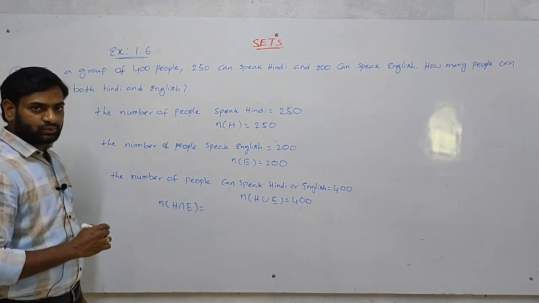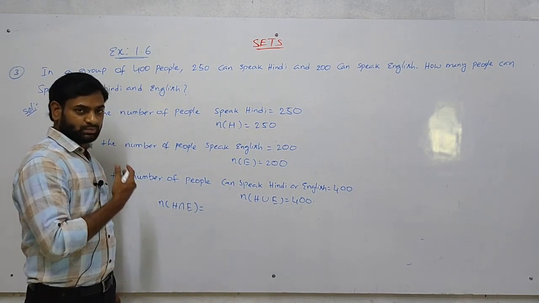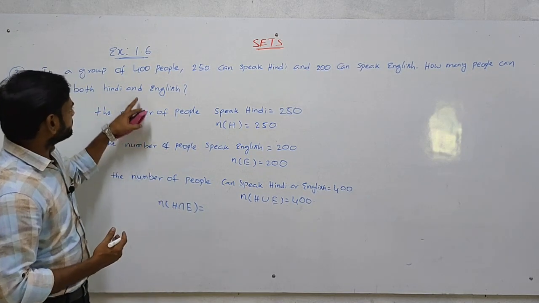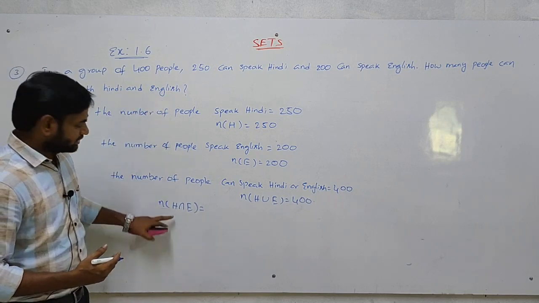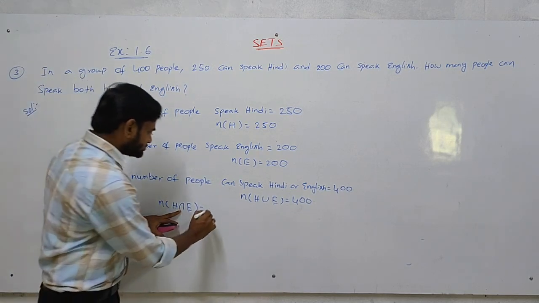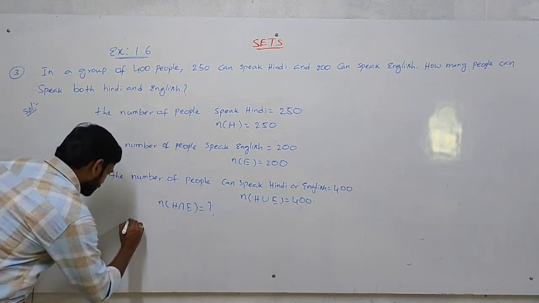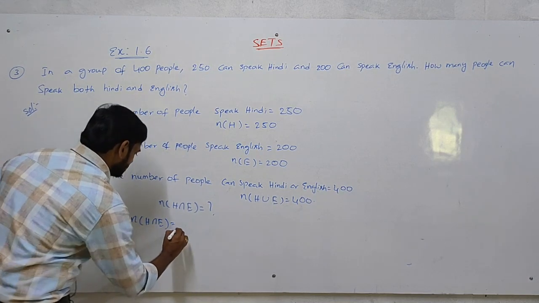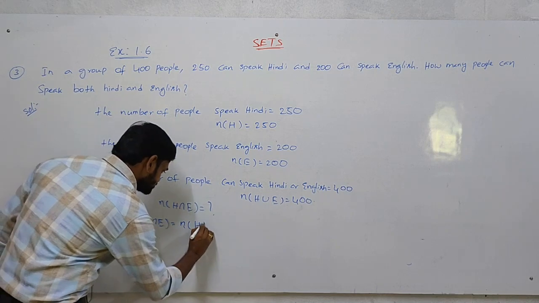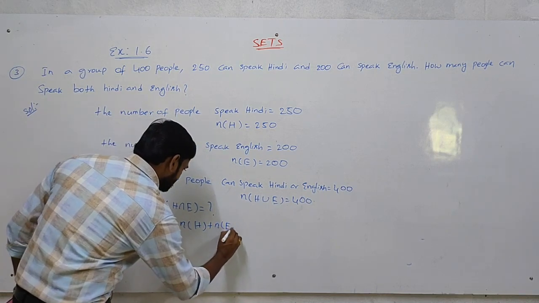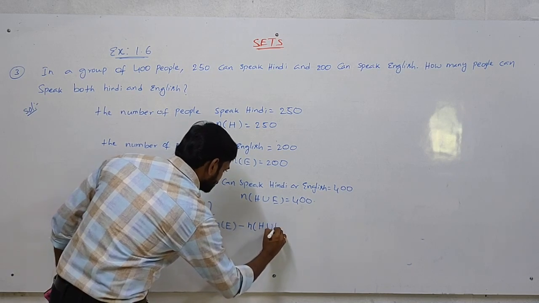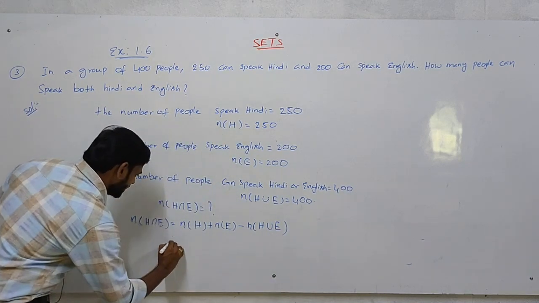The number of people who can speak Hindi and English. Intersection means "and", so this value we have to find. So I am using the formula: n of H intersection E is equal to n of H plus n of E minus n of H union E. Substitute the values here.